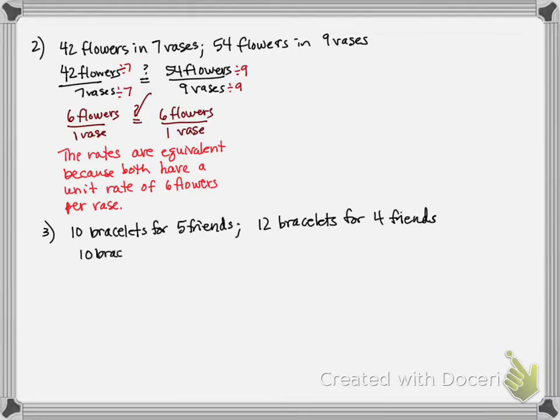So we have 10 bracelets on top, and because these are rates, because 2 different labels, we're going to include those labels as we set them up. We want to know if that's the same as 12 bracelets. Uh-oh, forgot my E. For 4 friends.